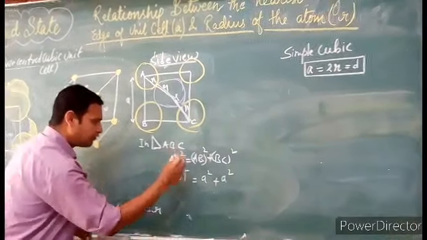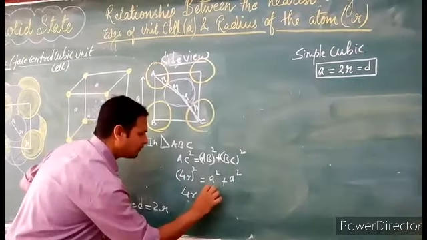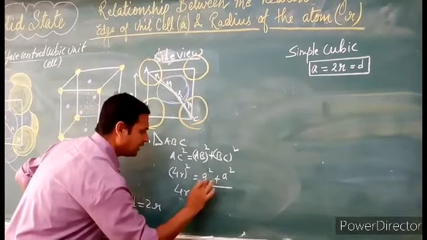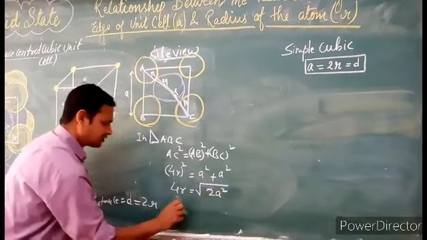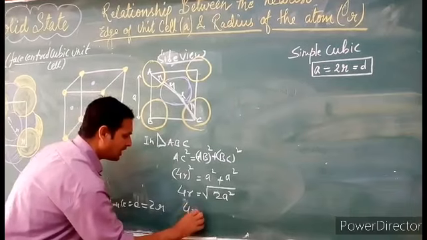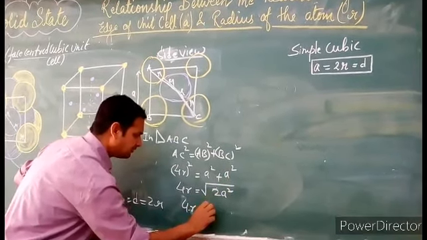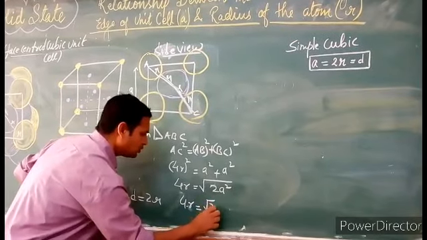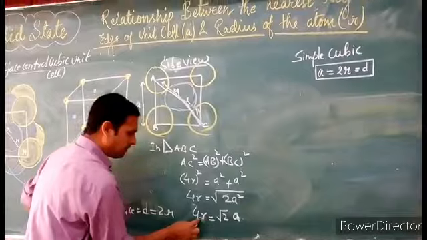So we have 16R square equals A square plus A square. If we remove the square from here, what we get? 4R is equal to root of A square plus A square, that is 2A square. Or we can say 4R is equal to root 2 A, ये रूट निकल जाएगा. And what will be R?